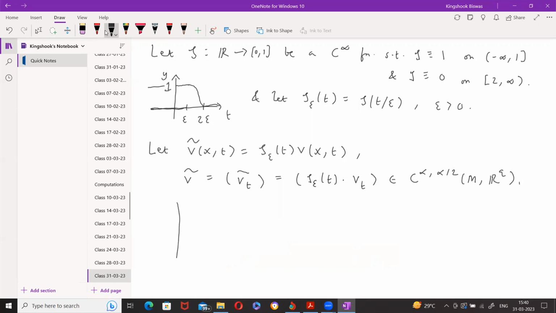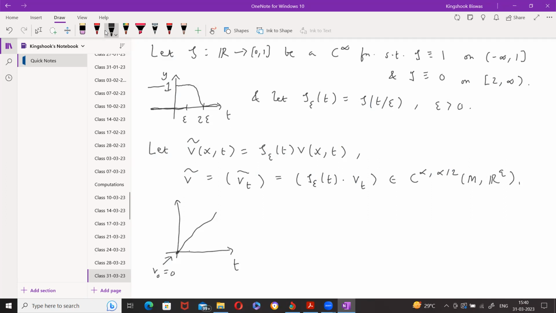So what does this look like? If this was my t, and this was my v0, V0 was 0. So my vt looks something like this. If I multiply by this zeta epsilon of t into vt, what's going to happen? This is 1 up to time epsilon and then 0 after time 2 epsilon, right?